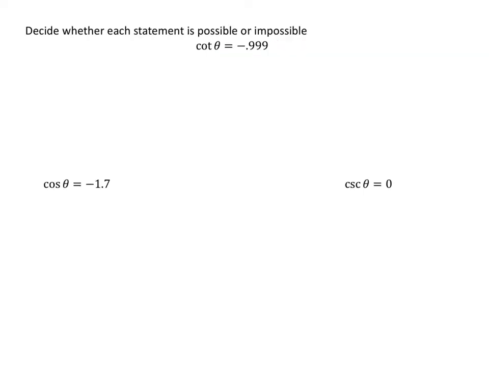On these examples, we need to decide whether or not these things are possible. So we have to remember those ranges. The easiest one for me to remember is that sine always goes from -1 to +1. So when I look at this problem here, where cosine is -1.7, I know that this is not possible. Then I start thinking about tangent. Well, tangent and cotangent go from -infinity to +infinity.